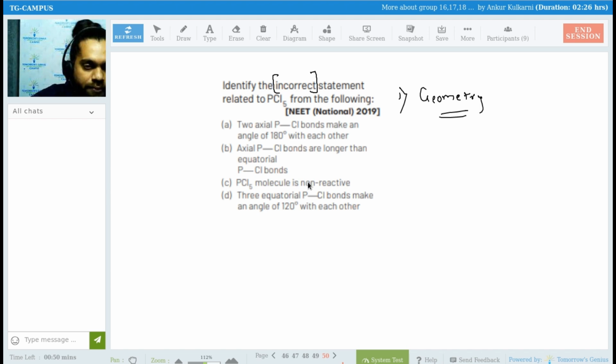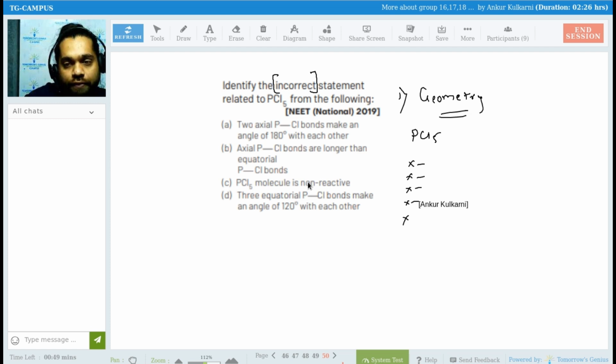So we have PCl5. We have 5 valence electrons from phosphorus and 5 from chlorine. So it is 5 means sp3d2. Geometry and shape are the same because no lone pair is present. No Prashansky, it is not square pyramidal. Okay, not d2, it is sp3d.